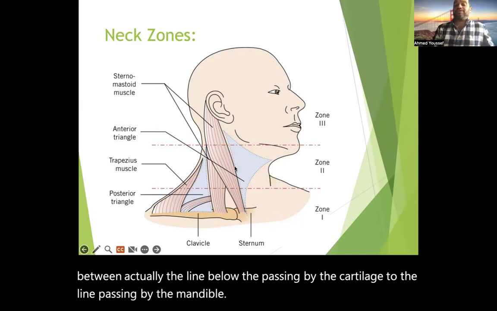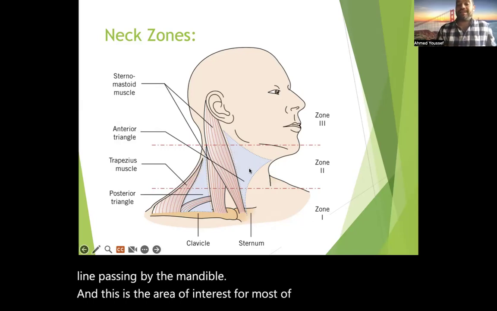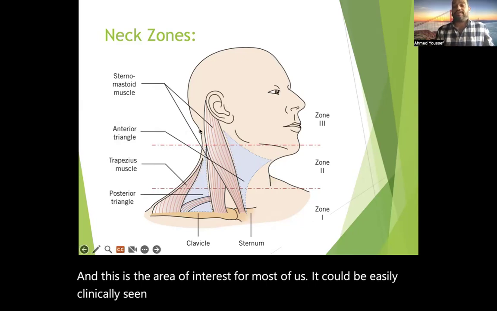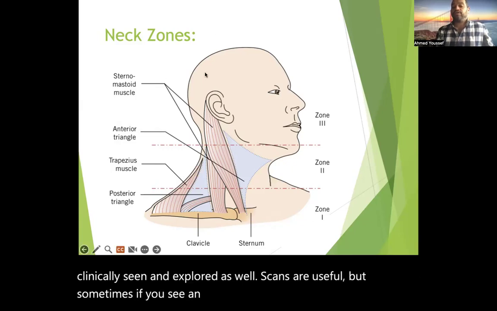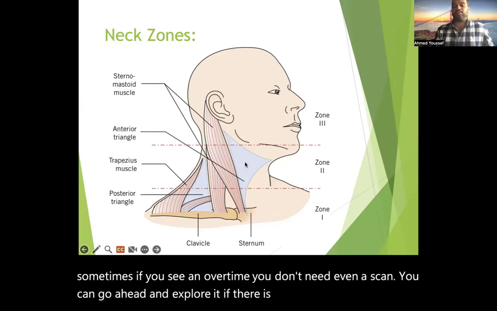And this is the area of interest for most of us. It could be easily clinically seen and explored as well. Scans are useful, but sometimes if you see overt signs, you don't even need a scan. You can go ahead and explore if there are hard signs, as we will talk about in a minute.